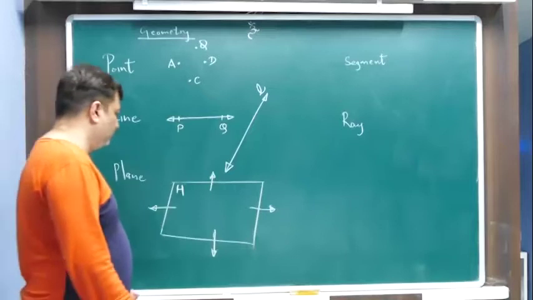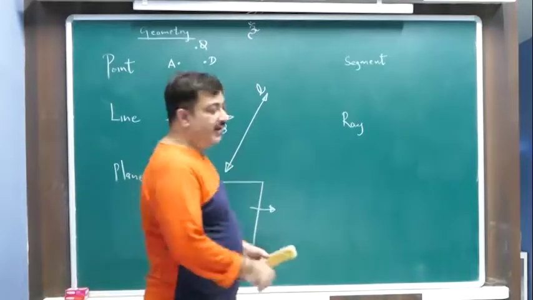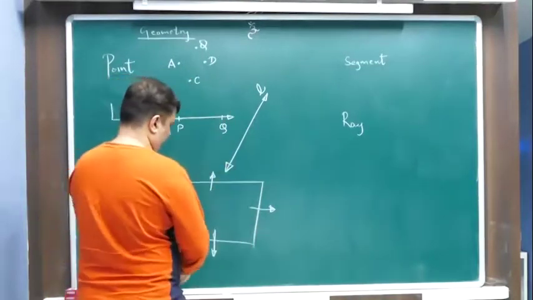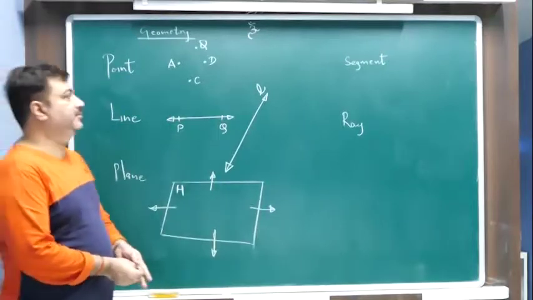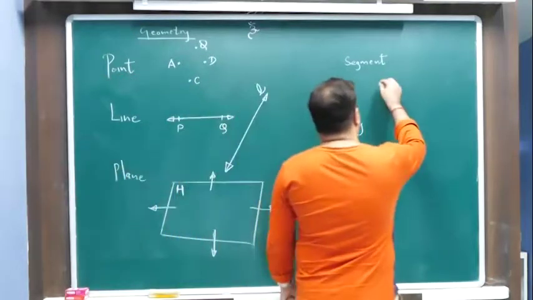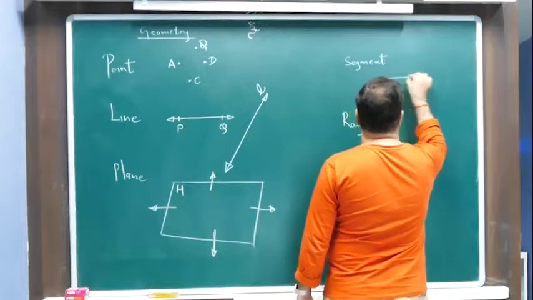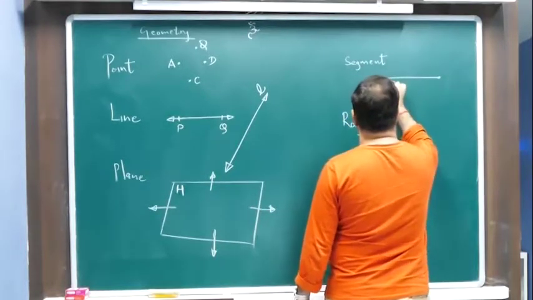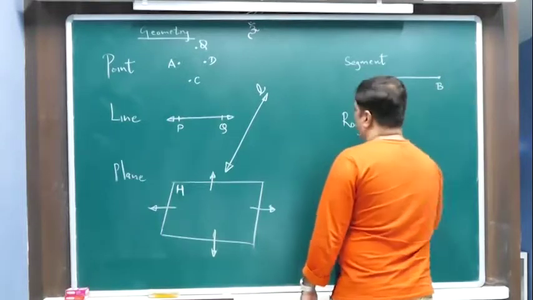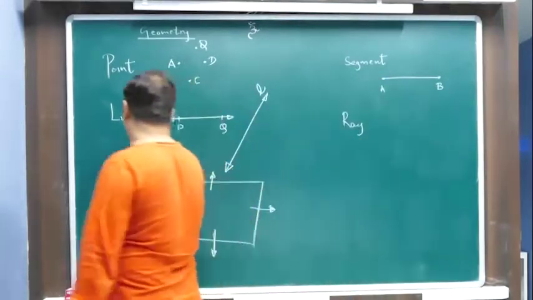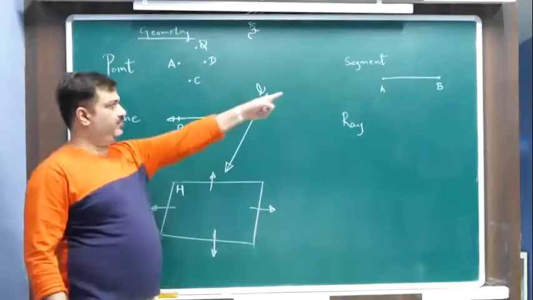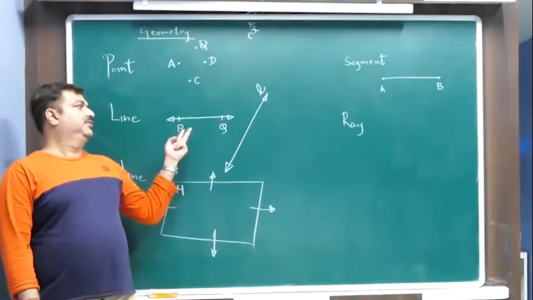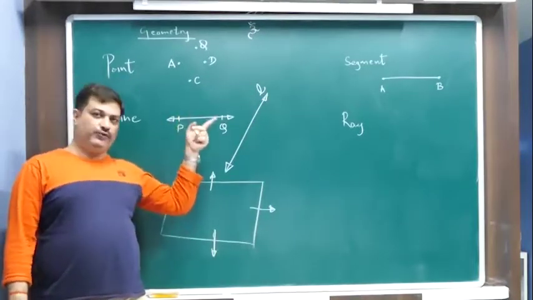Now we go to a segment and a ray. So let's understand what a segment is. What is the difference between this figure and that figure? The difference is this has two letters, that also has two letters. What is the difference?